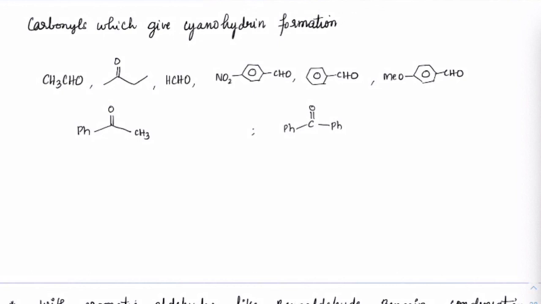So this aldehyde, this ketone, even this aldehyde, with a withdrawing group or donating group, all of them will give cyanohydrin formation. In this ketone, on one side there is a phenyl and on the other side there is CH3, there is definitely a reaction happening but with poor yield. But if both Ph groups are present on both sides here, then no reaction will take place.